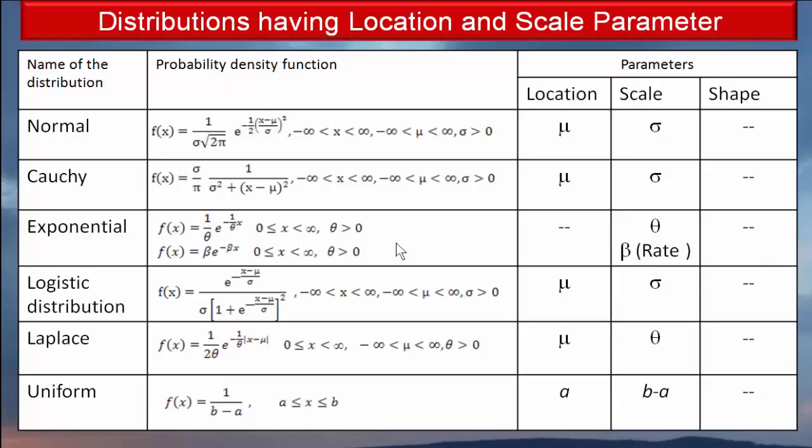These are some distributions I have summarized here, with the location parameter, scale parameter and shape parameter. The normal, Cauchy, exponential, logistic, Laplace and uniform distributions all have a location parameter and a scale parameter.